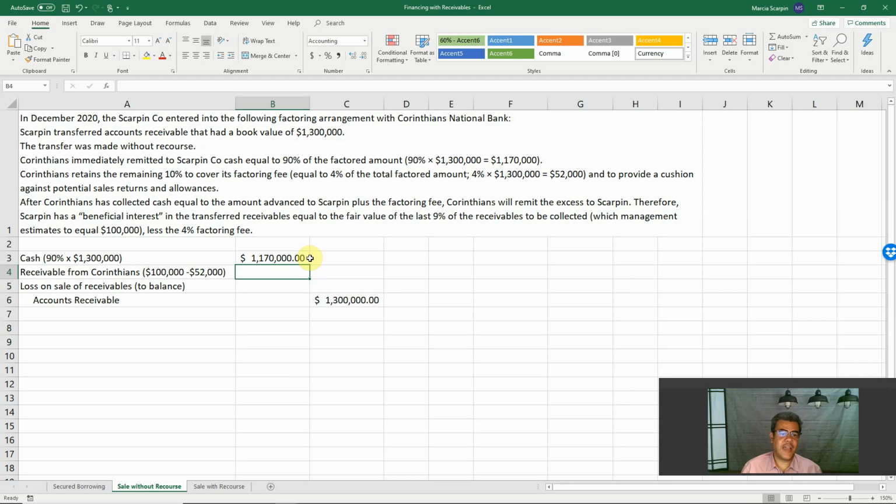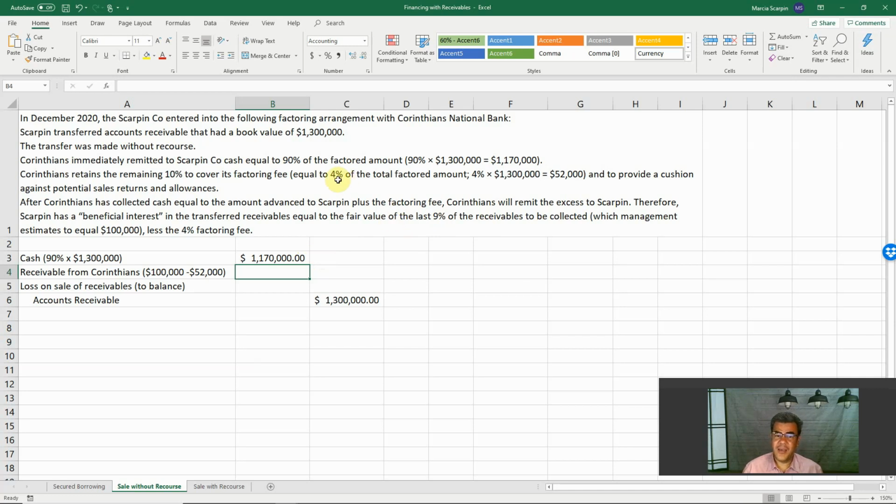After Corinthians has collected cash equal to the amount advanced plus the factoring fee, Corinthians will remit the excess to Scarpin. Therefore, Scarpin has a beneficial interest in the transferred receivable equal to the fair value of at least 90% of the receivables to be collected. So what do we have here? Management estimates to equal $100,000 less this factoring fee.